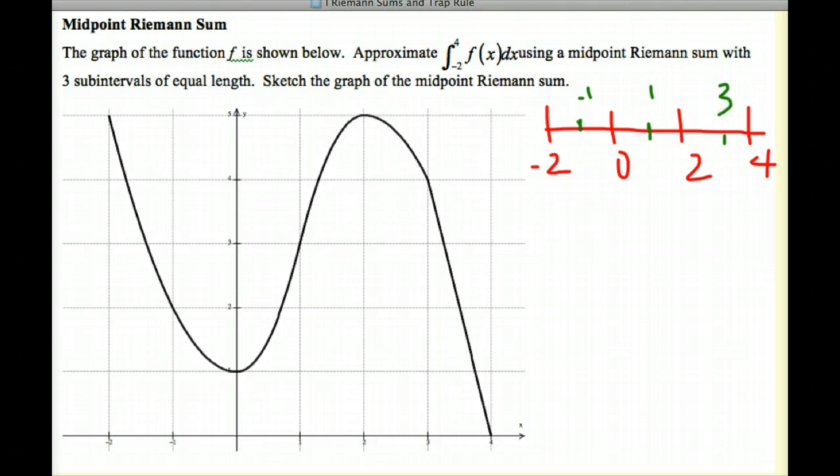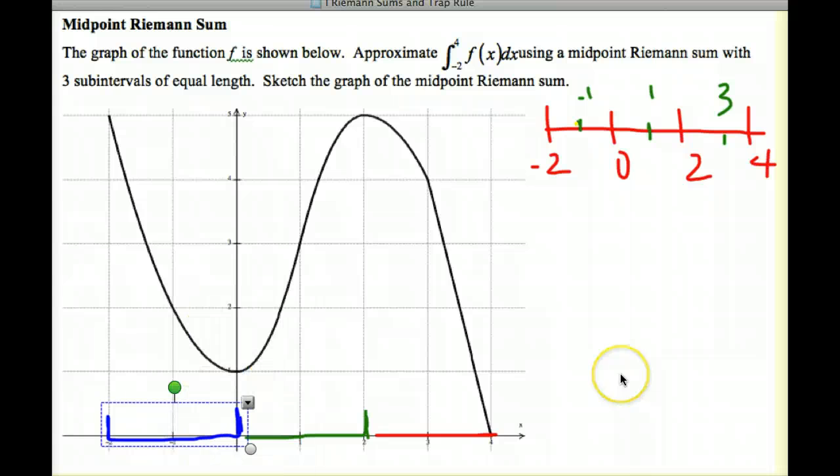So first thing is mark off where my rectangles are, and that would be -2 to 0, 0 to 2, and 2 to 4. But now I'm going to draw a line up until the midpoint. So the first midpoint is at -1.